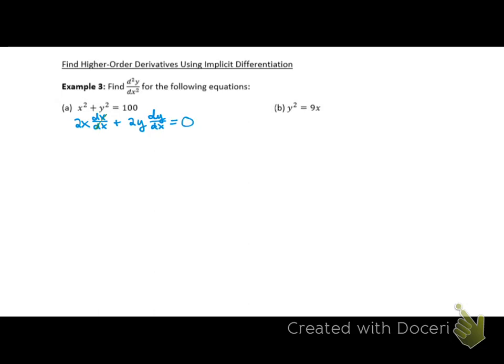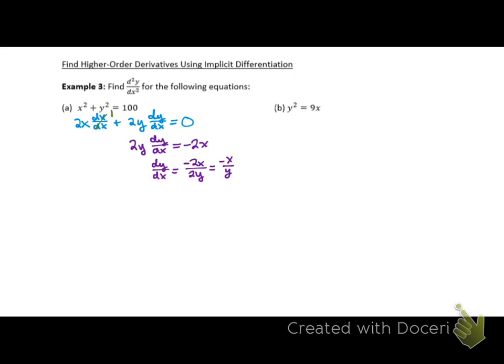We know that dx/dx is just 1, so when we're trying to get dy/dx by itself, we move the 2x to the other side, so 2y dy/dx equals negative 2x. We divide by 2y, so dy/dx equals negative 2x over 2y, which simplifies to negative x over y. Now, that's the first derivative.